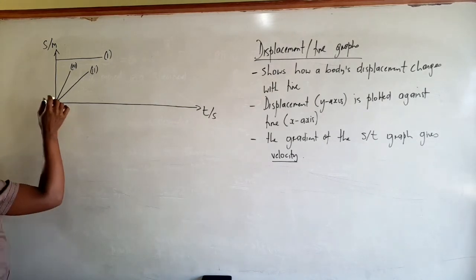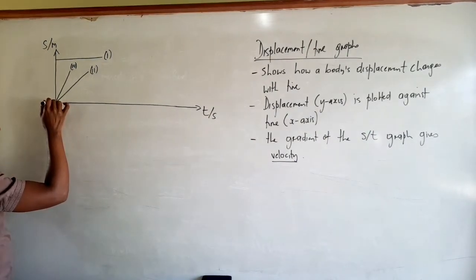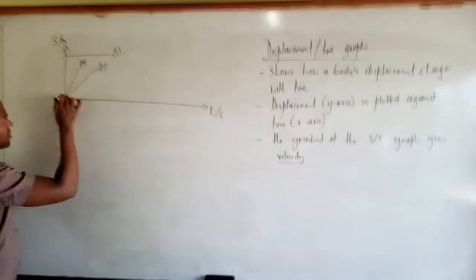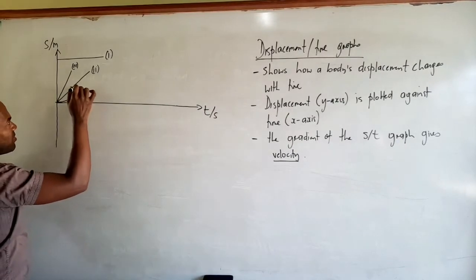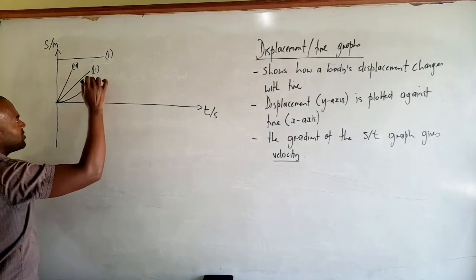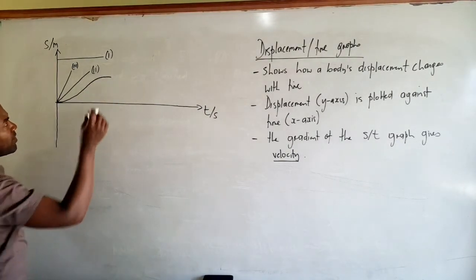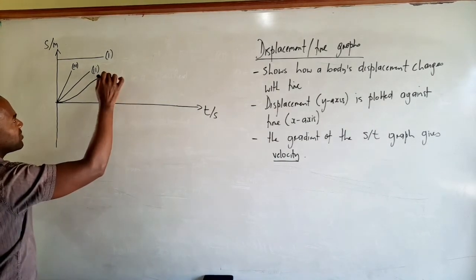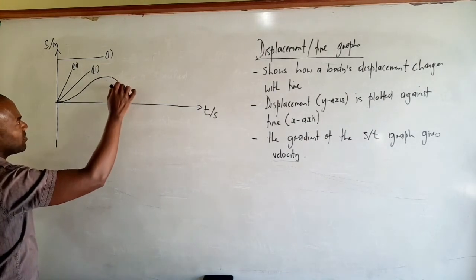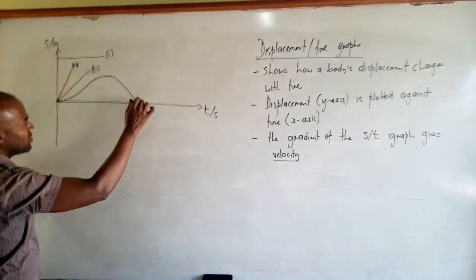So let's start with graph 4. At the beginning it's going to be flat, then it starts to get steeper, there's a straight line segment, then it starts to curve again. At the top is basically flat, then it starts to curve downwards, there's another straight line segment, and curve once again.